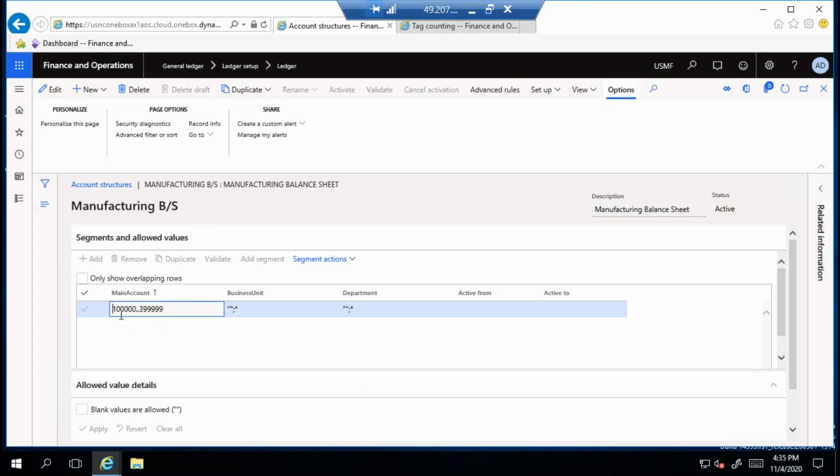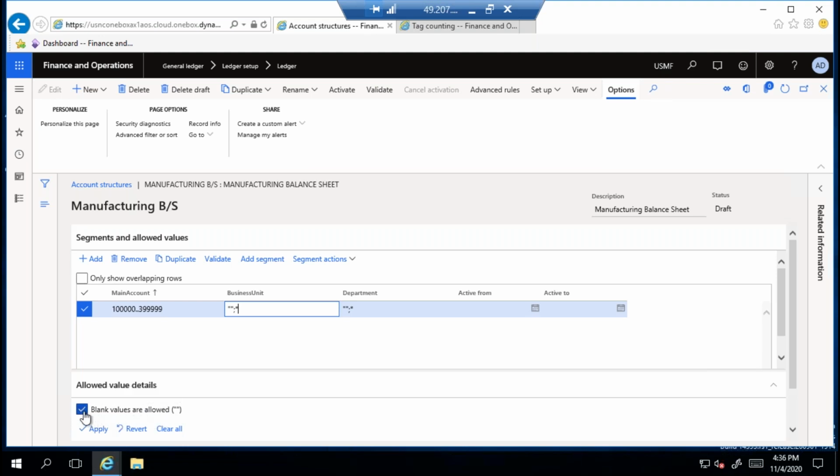In this, it is 10002 to 39999. It was mapped to business unit and department. So I'm clicking on edit, and now the status is in draft mode. Here the optional checkbox is selected. Blank values are allowed means optional.